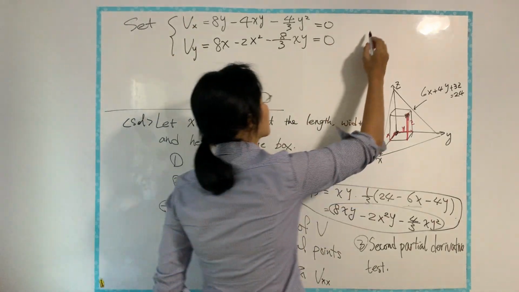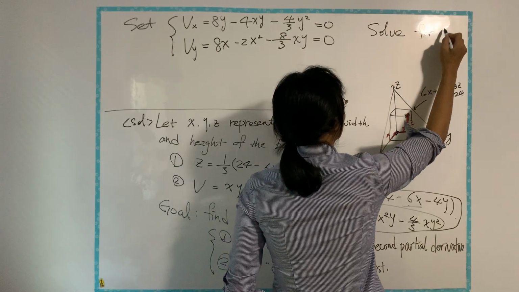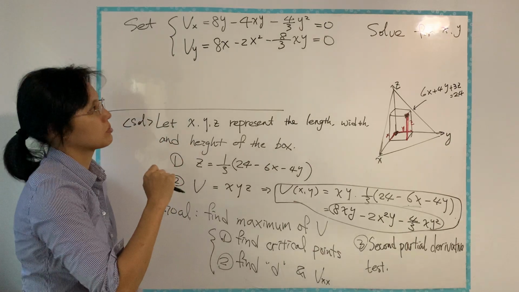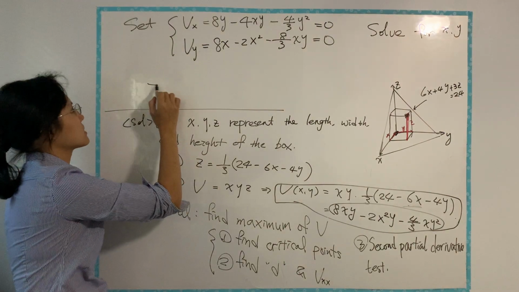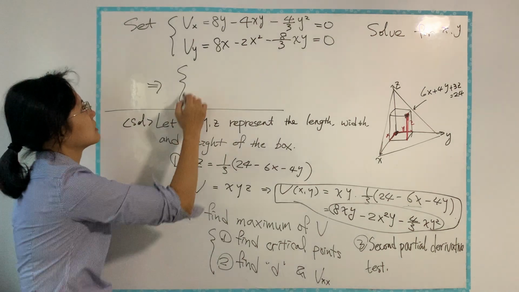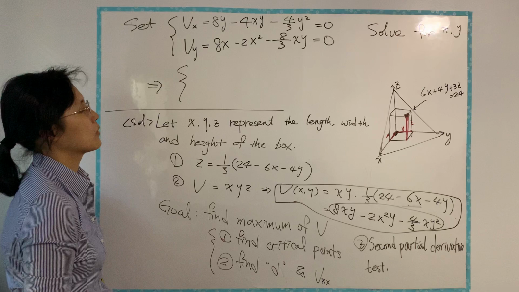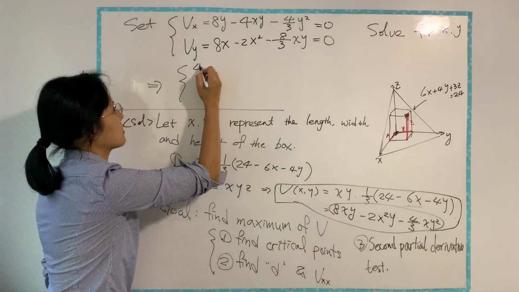Then solve for x and y, because I'm looking for critical points. So this gives me the first equation. Every term has a y. I can factor out y, and I can factor out 4 as well.